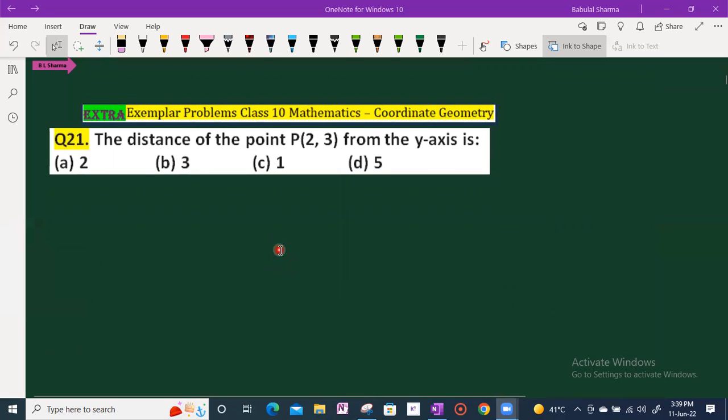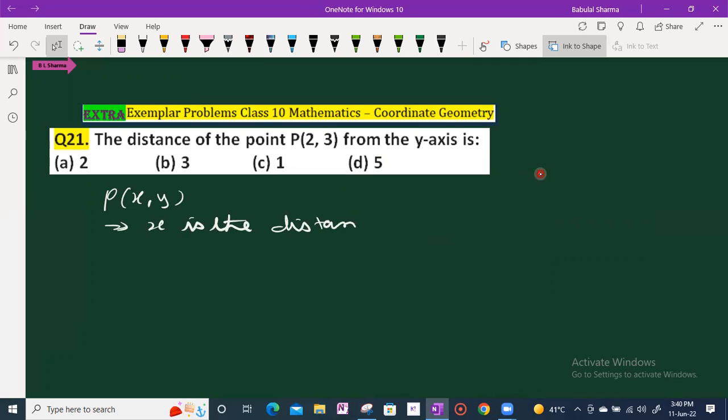Question number 1 to 20 we already have done, and now question number 21. The distance of the point P, that is 2, 3 from the y-axis is, we know if any point P is written like this x, y, then x is the distance of the point from y-axis.